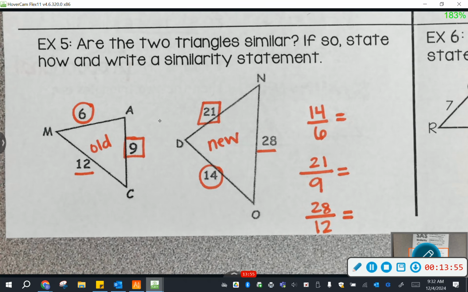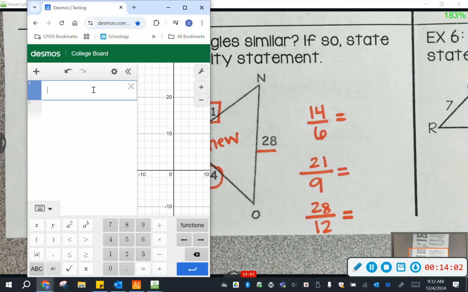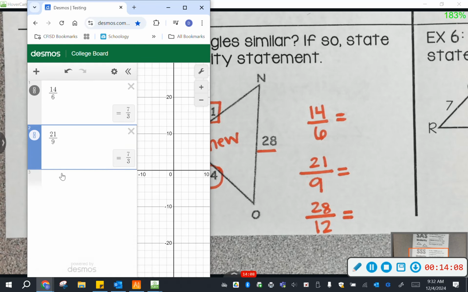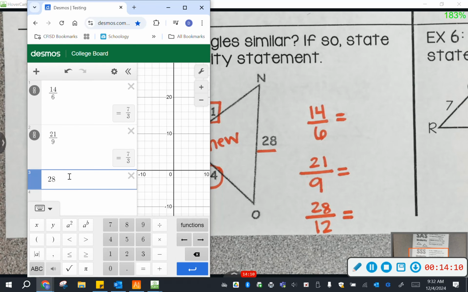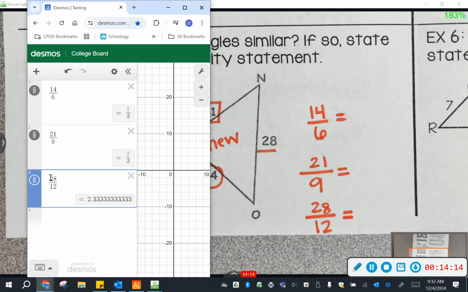And now what am I going to do to see if these are proportional? I am going to divide them. So I'm going to divide 14 divided by 6, 21 divided by 9, and 28 divided by 12. What do I get for all of them?